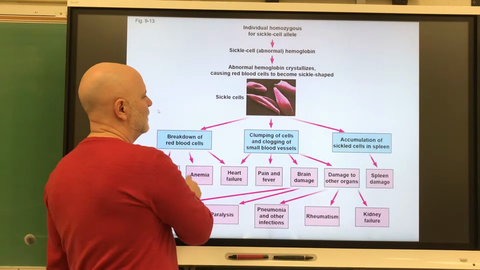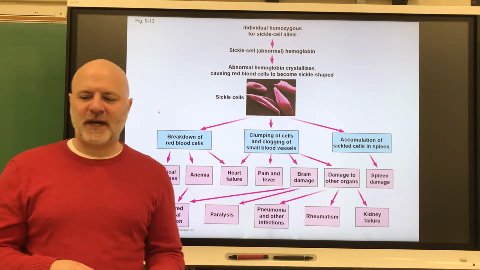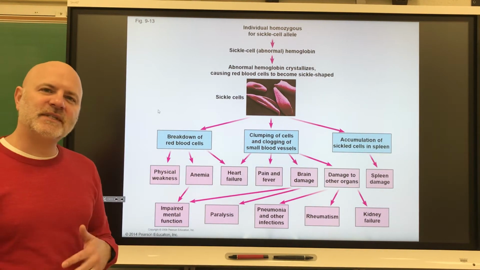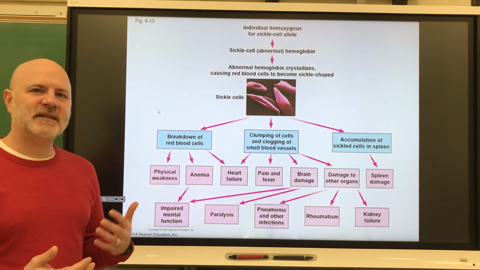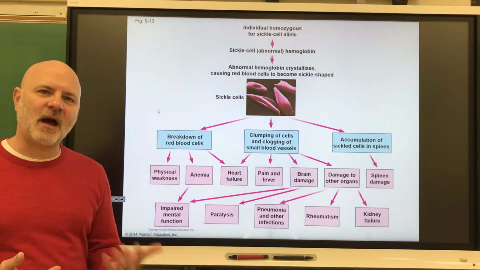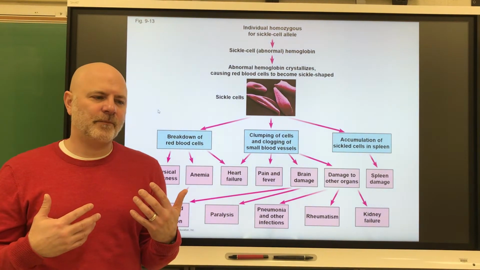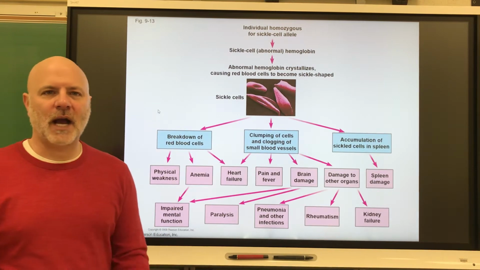All right, let's move on to pleiotropy. Pleiotropy is where one gene affects many phenotypic characteristics of an individual. This is what we see with a lot of these single gene traits like cystic fibrosis and albinism. In albinism, you don't produce melanin, so that affects your hair color, your skin color, your eye color.